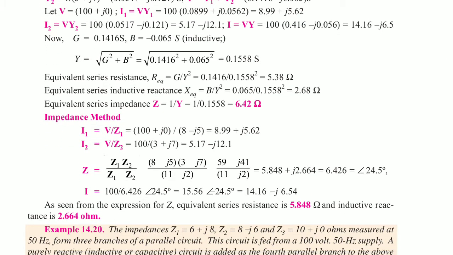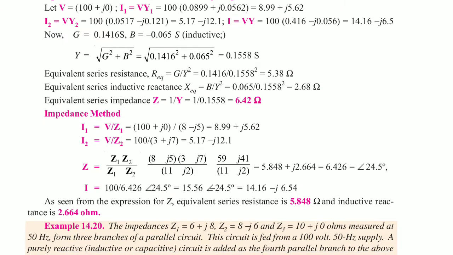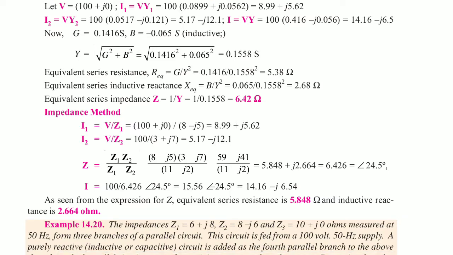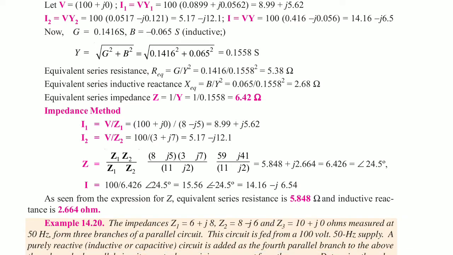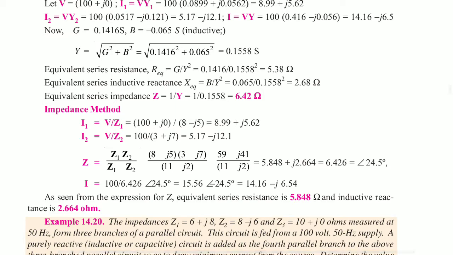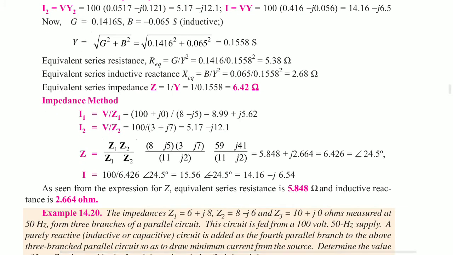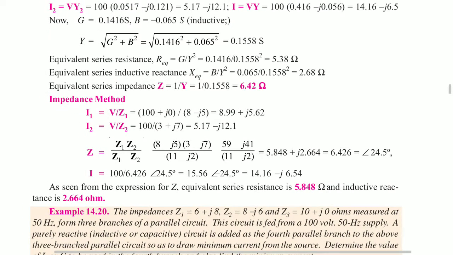Now equivalent series resistance R equivalent is equal to G by Y square, that is 0.1416 divided by 0.1558 square, that is equal to 5.38. Next, equivalent inductive reactance X equivalent is equal to B by Y square, that is 0.065 divided by 0.1558 square, that is equal to 2.68 ohms. Equivalent series impedance Z is equal to 1 by Y, equal to 1 by 0.1558, equal to 6.42 ohms.